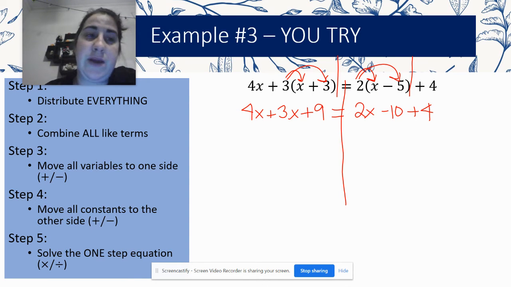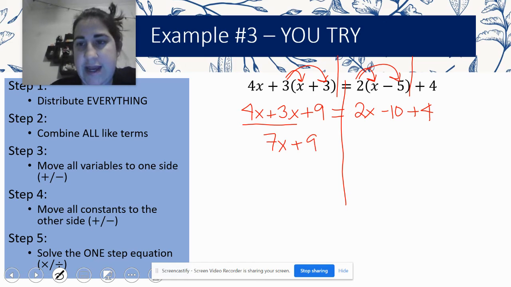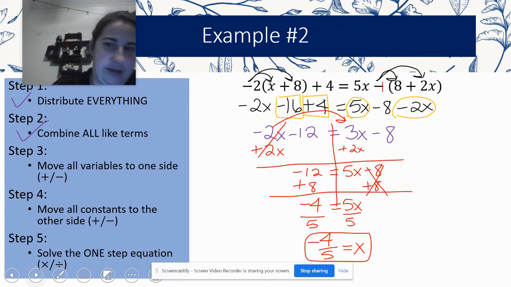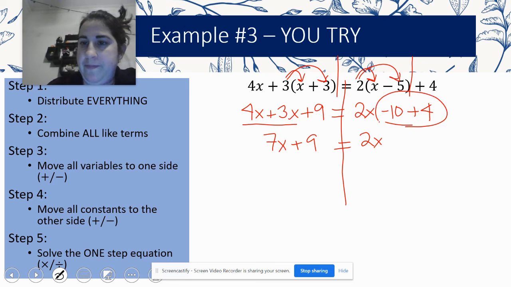So I'm not multiplying my 2 times my 4. Now I'm going to combine like terms. So here I have 7x plus 9 on this side. And over here I have 2x and, sorry guys, and negative 6.